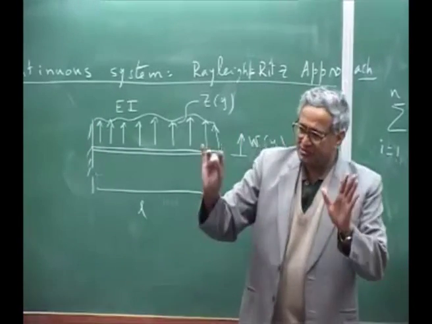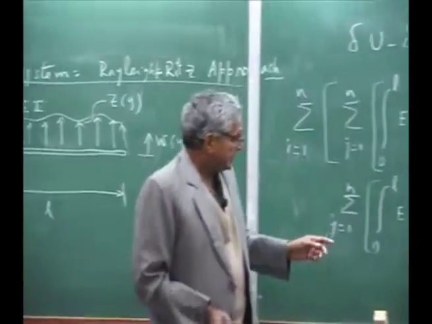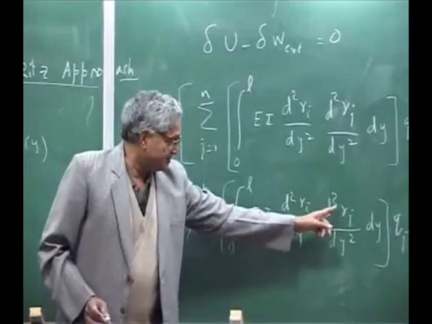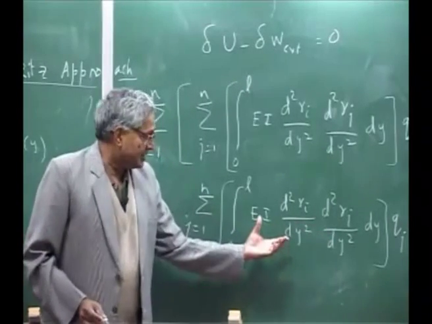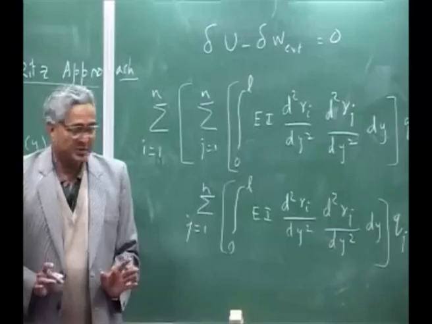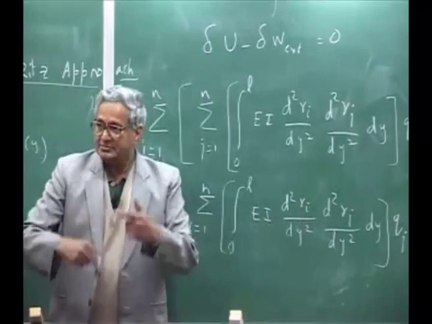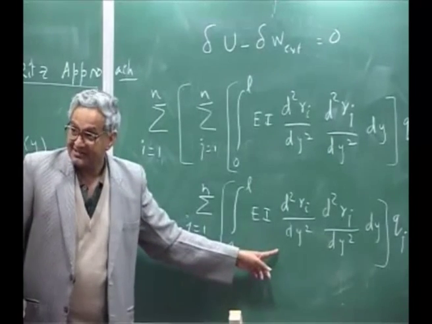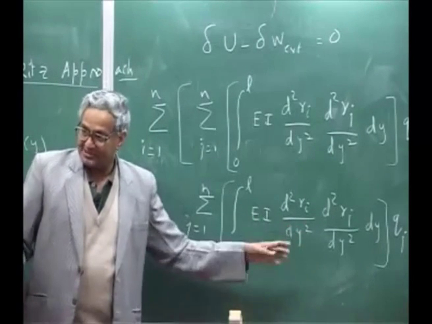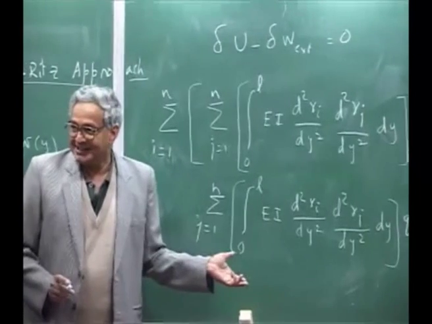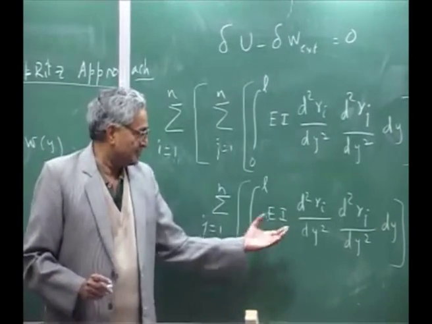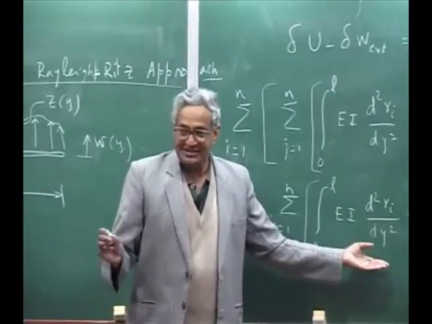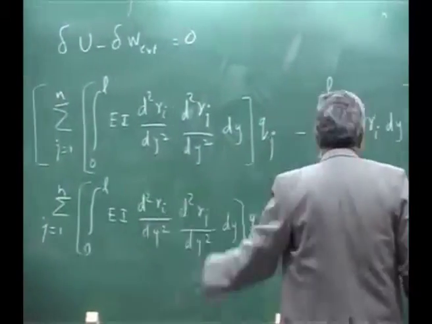If you assume uniform material it is the same. You multiply the second derivatives and integrate, and you have to keep repeating it for i and j, but it is symmetric. When i becomes j and j becomes i, it is the same thing. Now this looks like some kind of a stiffness matrix. See, because I can put it in a matrix form.